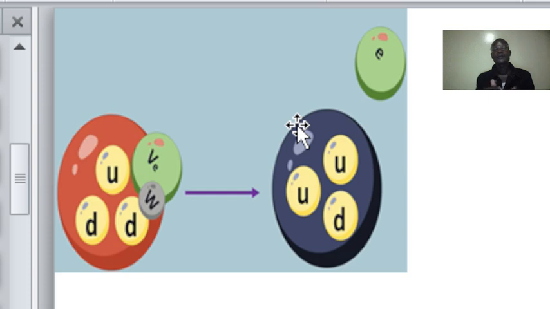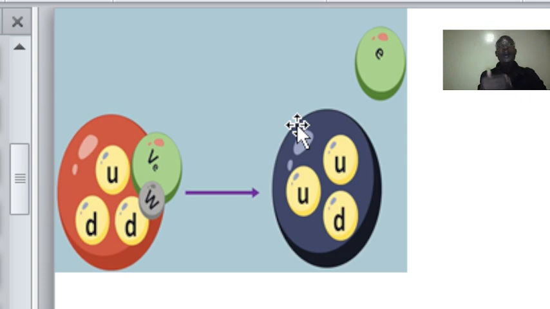When it releases a beta particle, we understand that most elements that undergo decay are unstable elements, unless they are small elements being added together. So the weak force is able to stabilize an element by releasing an electron.